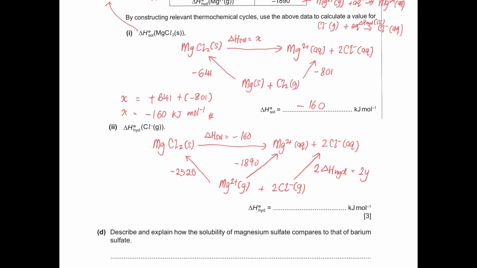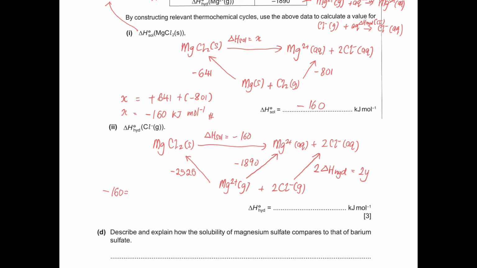In order to find the y, we can use Hess's law again. Like what I said, you can change your reactants to product in 1 step. The energy involved is minus 160.